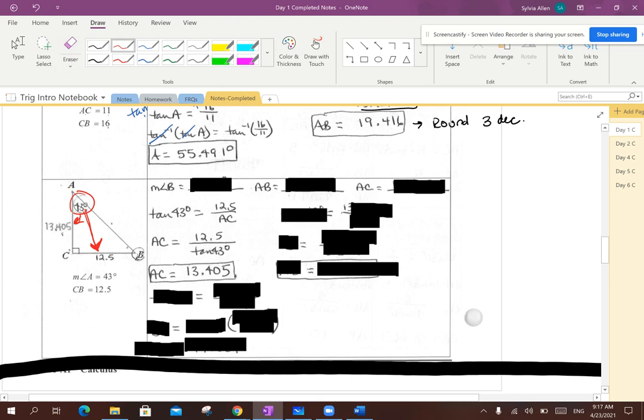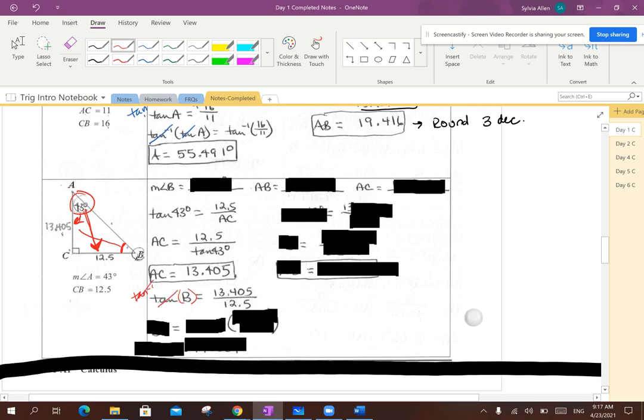And then now we get to mark up our diagram. Now there are a couple of ways to find the missing angle, but again, the directions said use the trig ratio. So let's take a look at tangent of B because we're trying to find the angle, and that is opposite over adjacent. So the 13.405 over 12.5. Remember, you have to do the inverse because you've got to get that argument out.